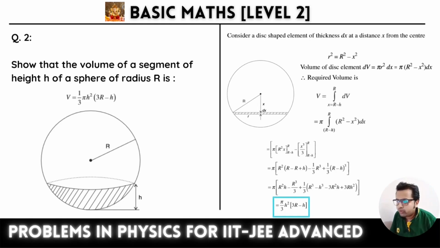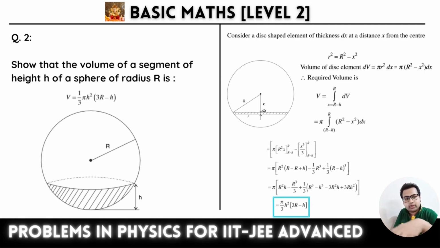Now if I talk about the volume of the disk, as I have already told you, volume is equal to area into height or area into length. Because the disk is a circle, the area will be pi r square. And the height is dx, so the volume will be pi r square dx, where r is the radius of the disk.